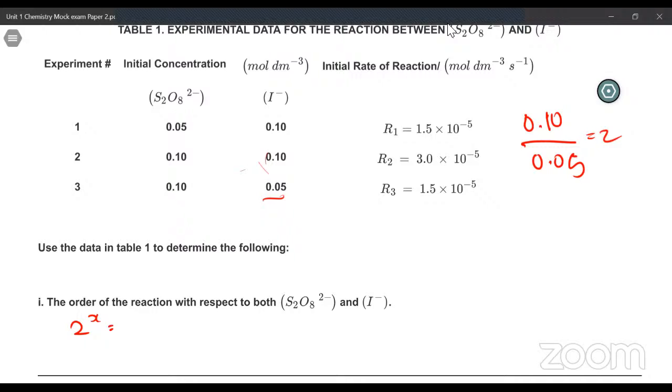It starts out at 1.5 times 10 to the minus 5, and it goes to 3.0 times 10 to the minus 5. Again, this is doubled because 15 plus 15 is 30. If you can look at numbers like that and just tell, it's fine. If you can't, just do R2 over R1, and you see that it's doubled, all right?